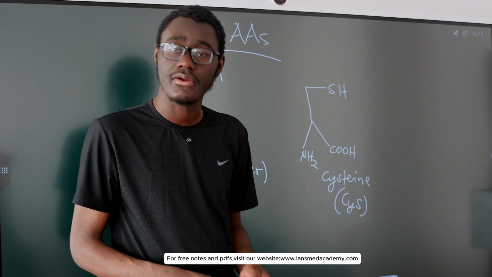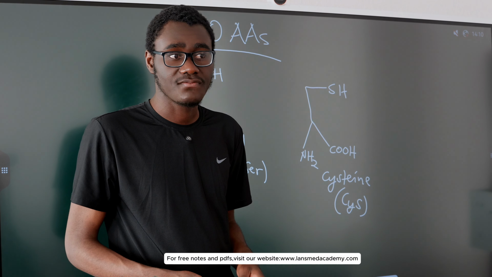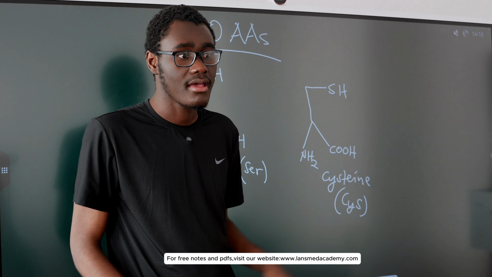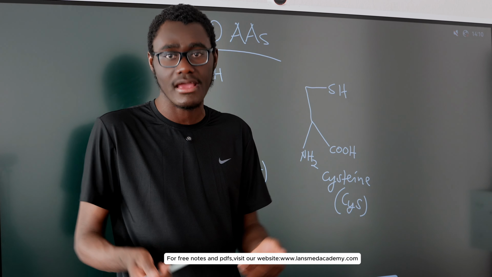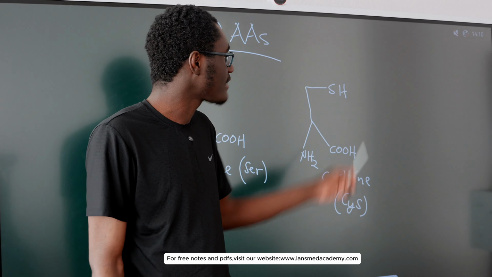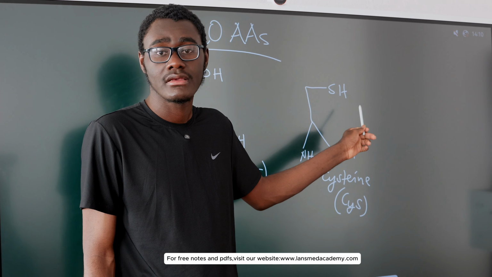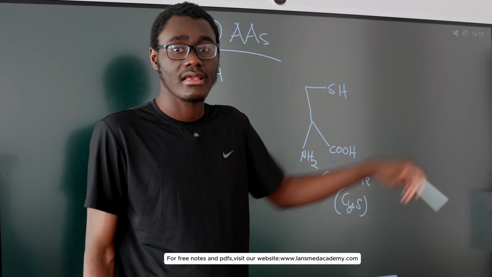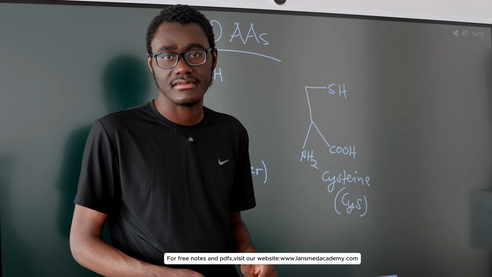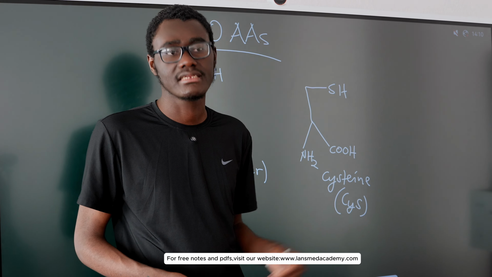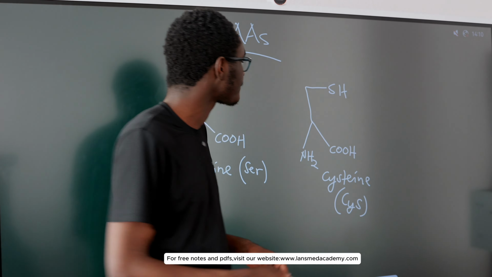This SH group is very important because it is found in glutathione, which our body uses as an antioxidant, meaning it can donate the hydrogen group. So the hydrogen group can be given away in order to prevent oxidative stress in cells in our body. But we'll talk about these classifications later.